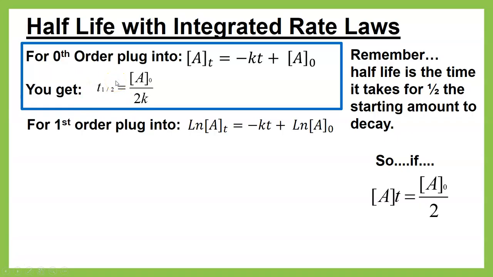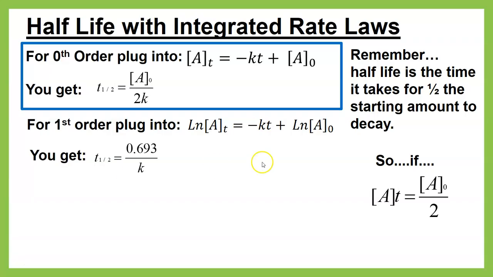For 1st order, you end up with 0.693 over your rate constant. Some of you might notice that this number is a special number. That's the natural logarithm of 2.